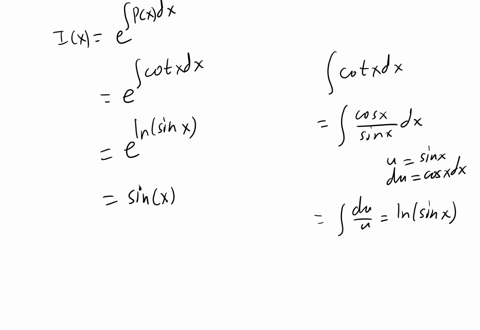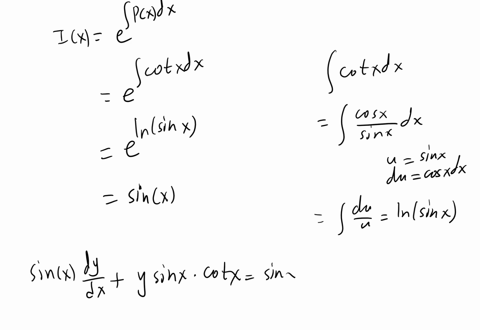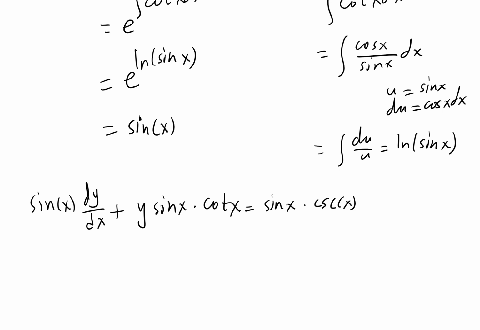Then we multiply everything by sine x, the given equation, both sides. Cosecant x. And what we can do here is keep this the same for now.